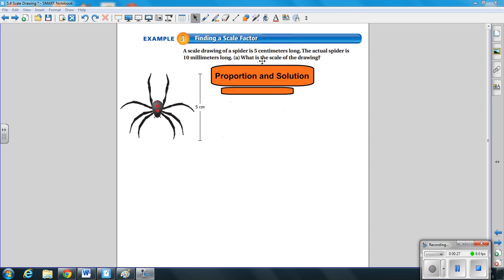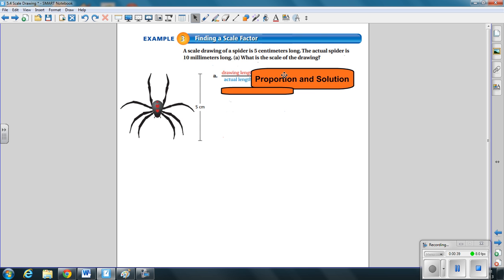Well, what that means is when it's asking for the scale of the drawing, it wants to know what's the ratio of drawing to actual. So we're going to compare drawing to actual. How big is the drawing? 5 centimeters. And the actual, you guessed it, 10 millimeters.